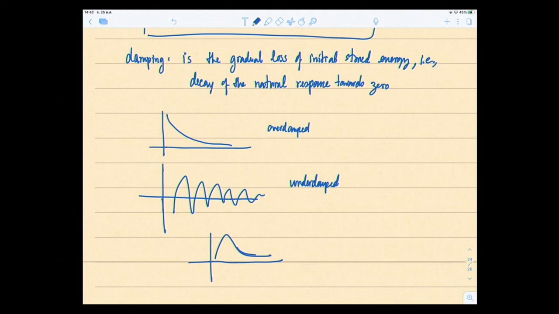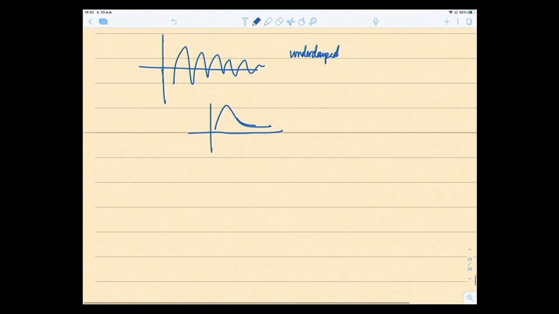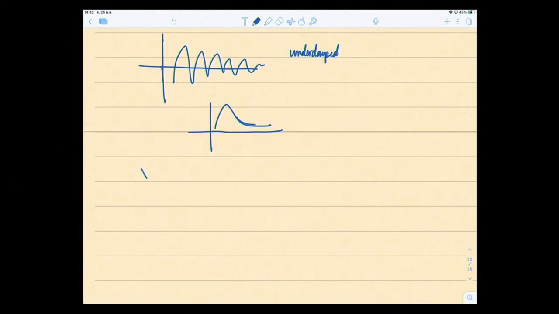So these are the natural responses. What about the forced response, xf of t?